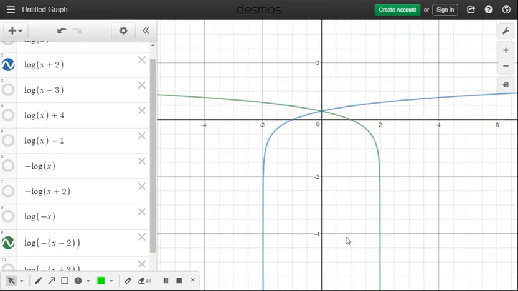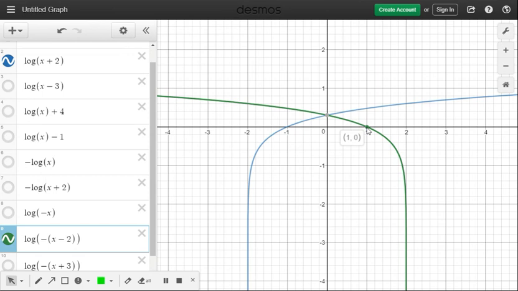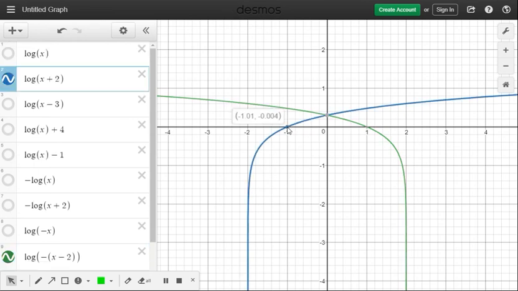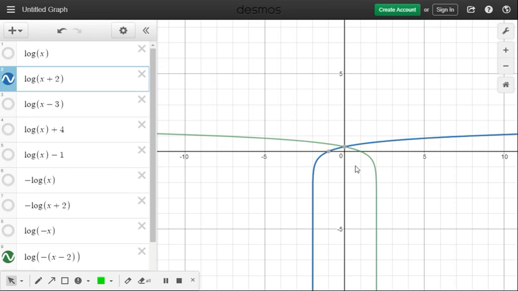It seems there might be a relationship between the blue and the green graph. If I look at the x-intercept of the green graph, it's 1, 0. Now if I look at the blue graph, the x-intercept is negative 1, 0. So the change was the x values. They switch signs, and that's typical when it's reflected over the y-axis. The x value changes sign, but the y value stays the same.